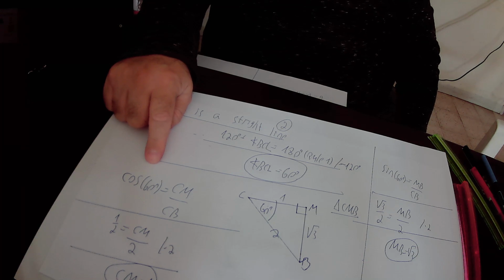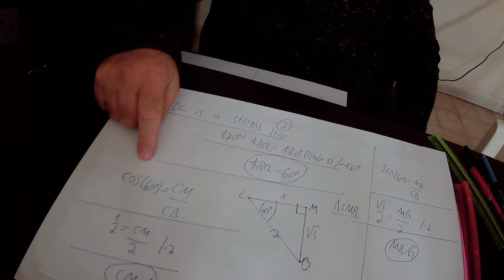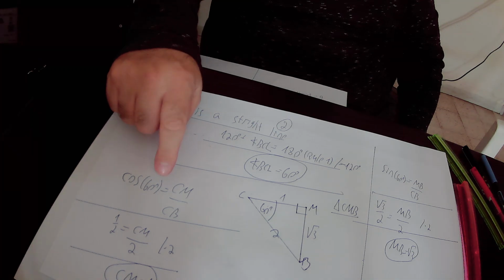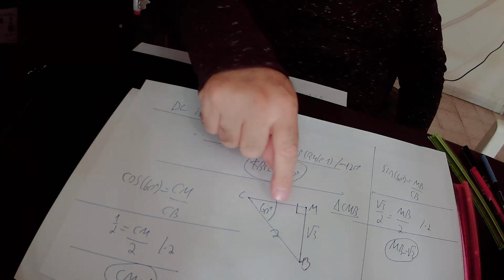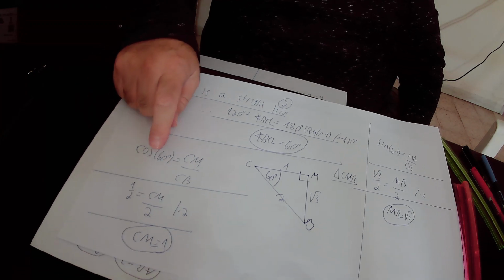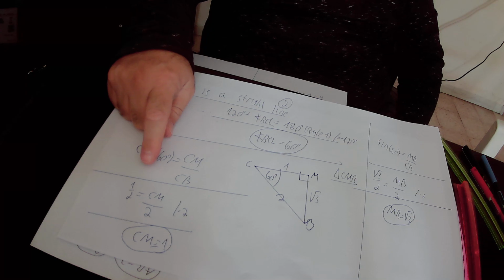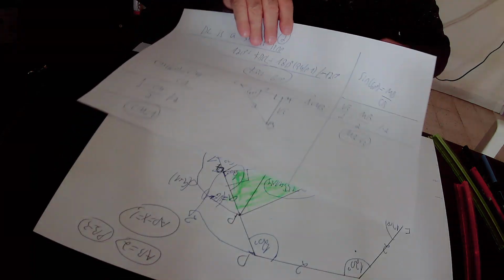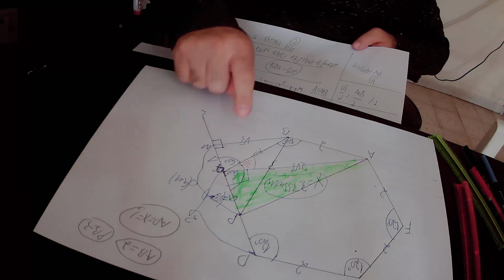Cosine 60 degrees is 1/2, so we substitute it, and it is equal to CM, the missing side, over CB. CB equals 2 units, therefore we substitute CB by 2. So 1/2 equals CM over 2. We multiplied this equation by 2, and we found out that CM equals 1 unit.